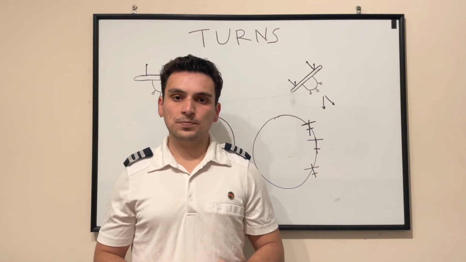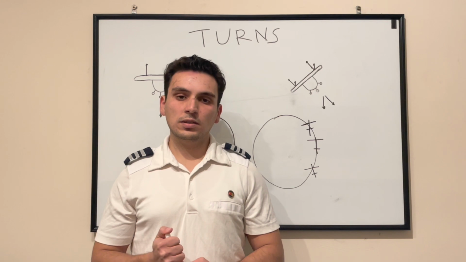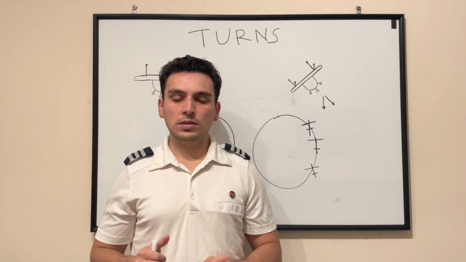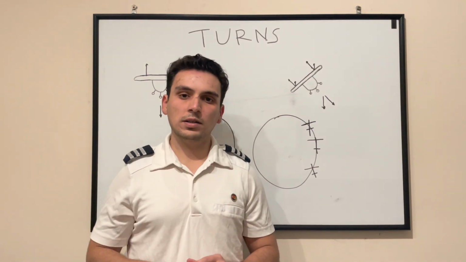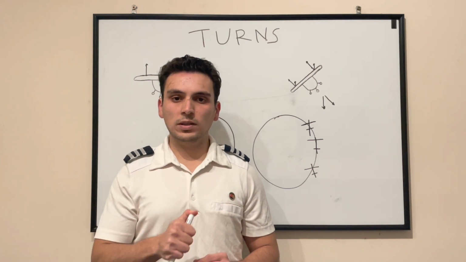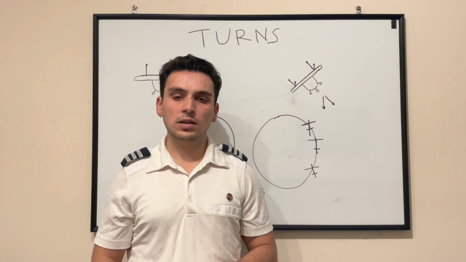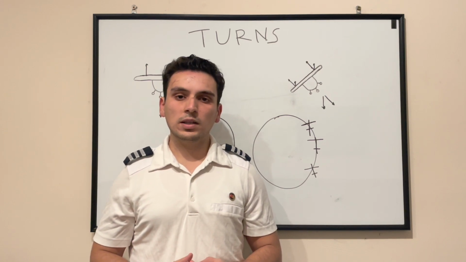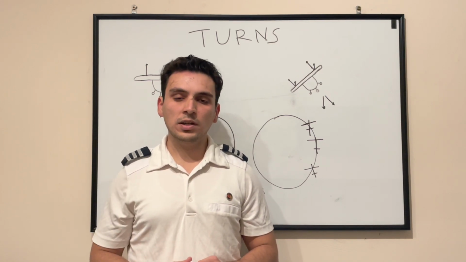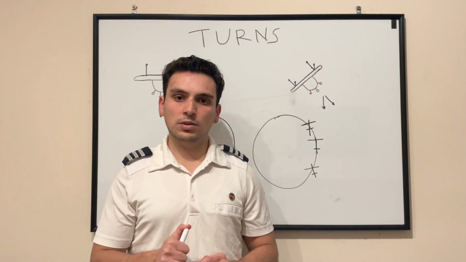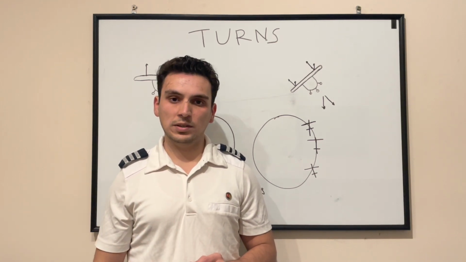When you're sitting in your seat, at the moment of making your turn, you have to feel like your weight is going straight down into the seat. You never want to feel like you are sliding out of your seat.